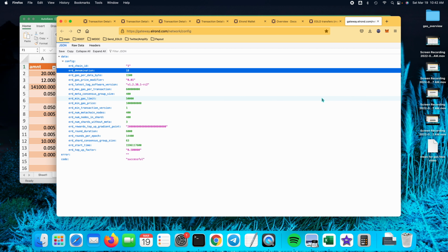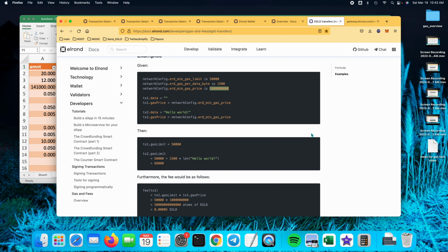Again, since floating point and decimals are not actually used in your smart contracts or in numbers given about the network, we have a very large number that represents 1 EGLD.